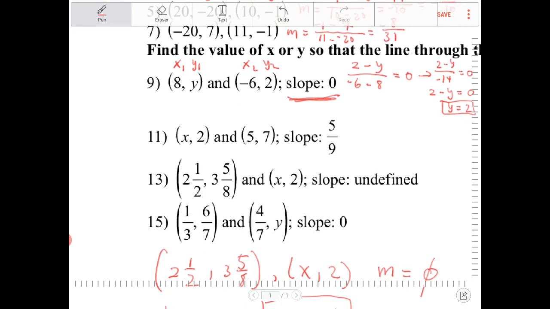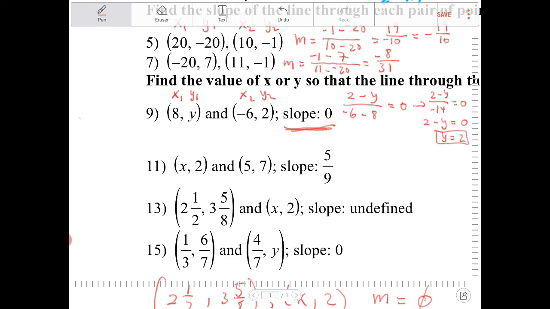So for a line that has slope of 0, what has to be true about the orientation of the 2 points? What has to be true about the y coordinates? We could have actually done question 9 thinking about this. We could have solved it logically in this way. For a line to have a slope of 0, the y coordinates between the 2 points must be the same.